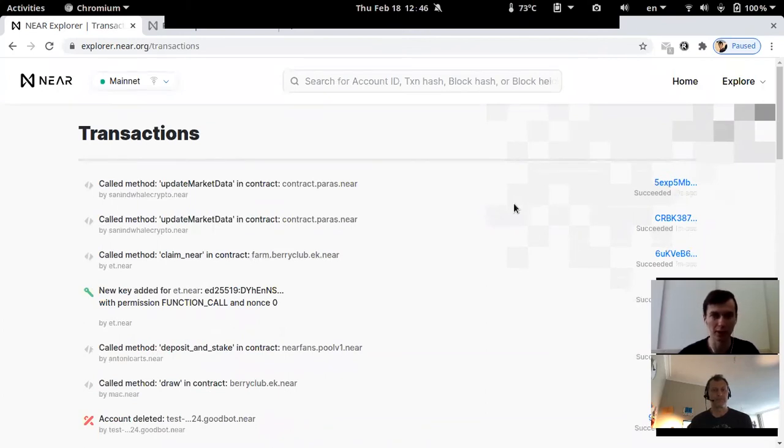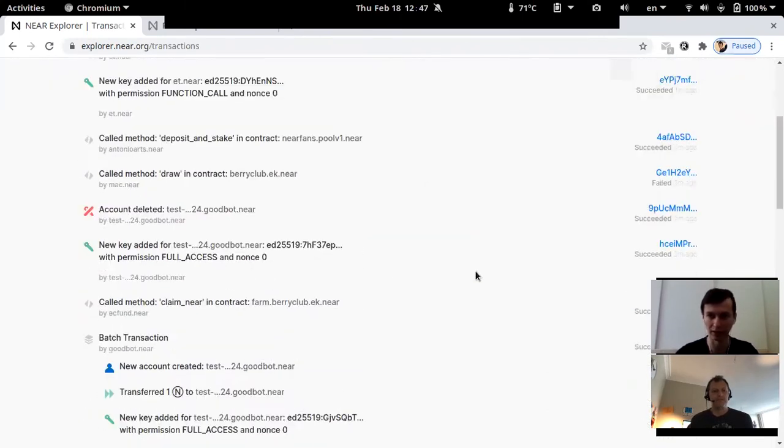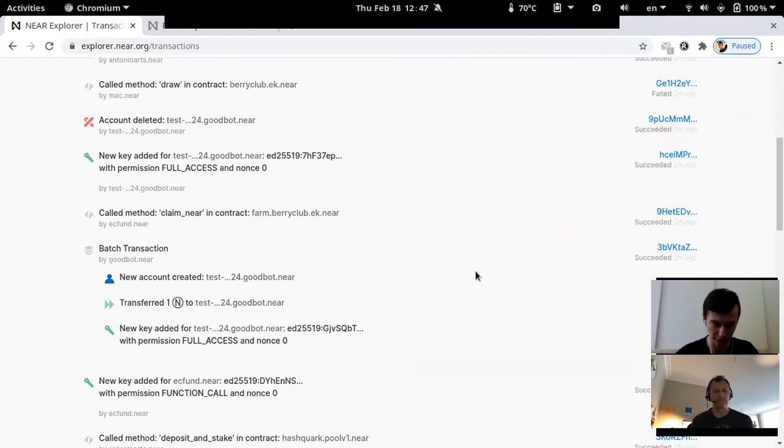You can't query it through JSON RPC. So we needed to index this data by going through every single block and saving the data in our own database, specifically for Explorer needs. And this way you can answer a question like, give me the last 10 transactions, and here we go.